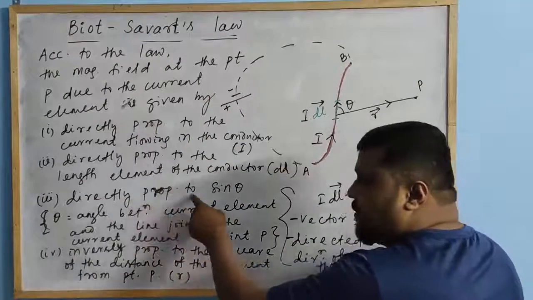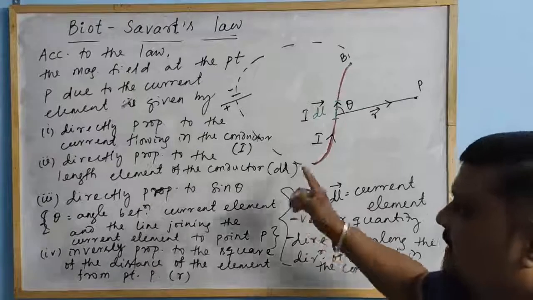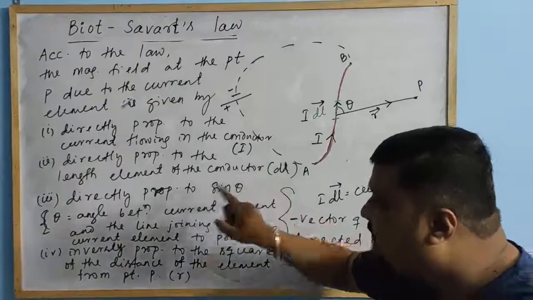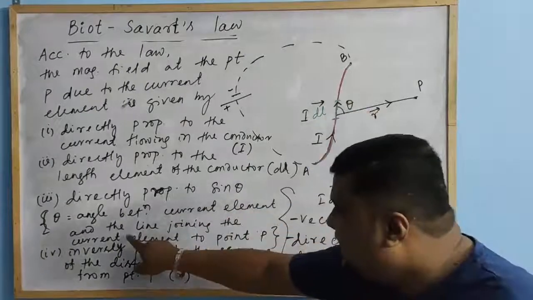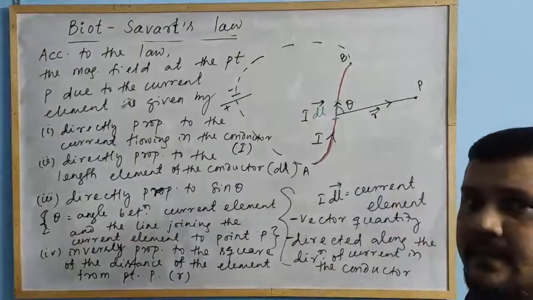Number 3, directly proportional to sine of theta, sine of the angle between the current element and the line joining the current element to the point P. Clear?